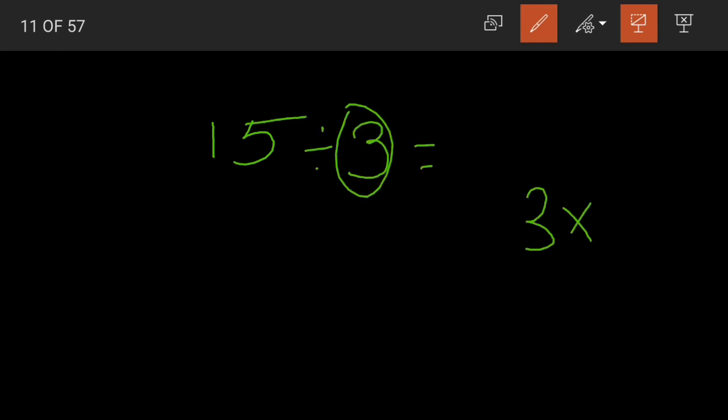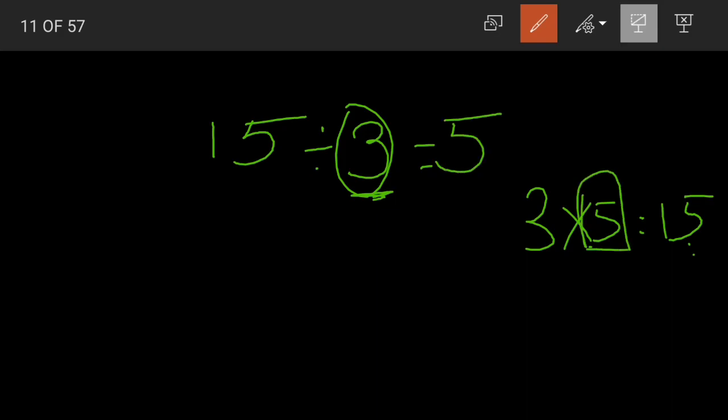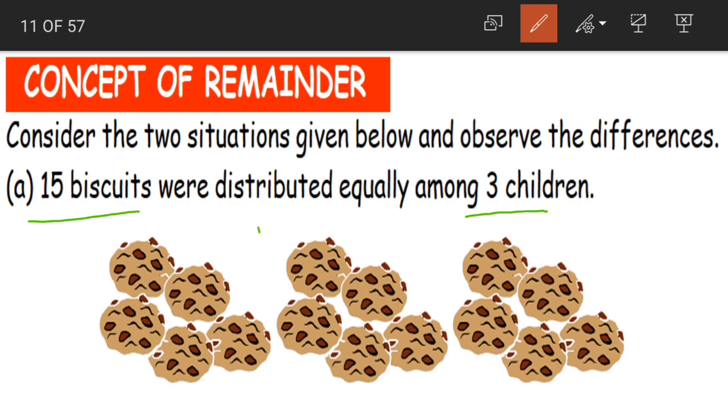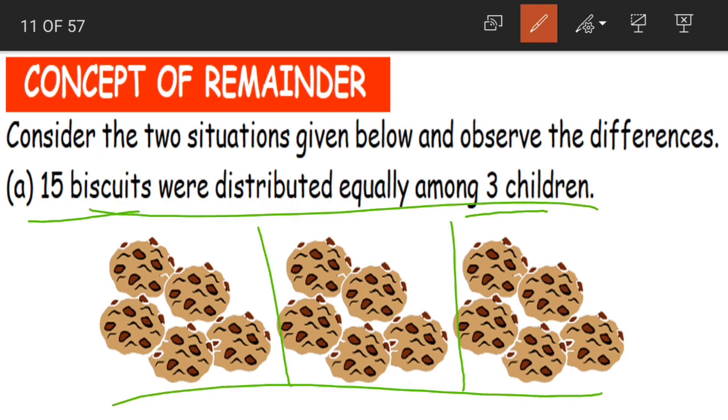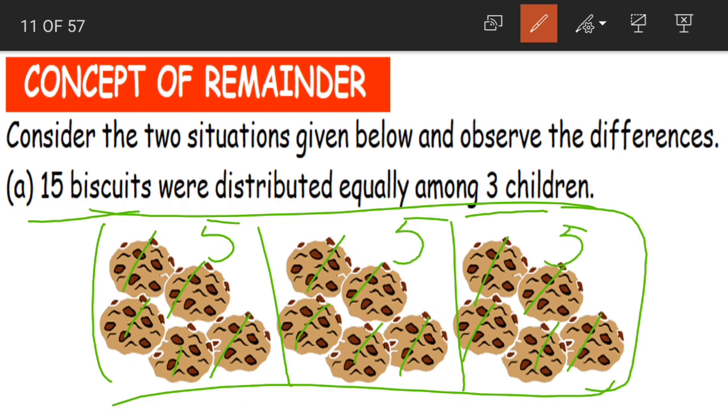We know that 3 fives are 15. In the 3 table we have 3 fives are 15. So 5 here becomes our answer. If you count here, there are 3 groups. 1, 2, 3, 4, 5, 1, 2, 3, 4, 5, 1, 2, 3, 4, 5. So each student has got equally 5 biscuits.